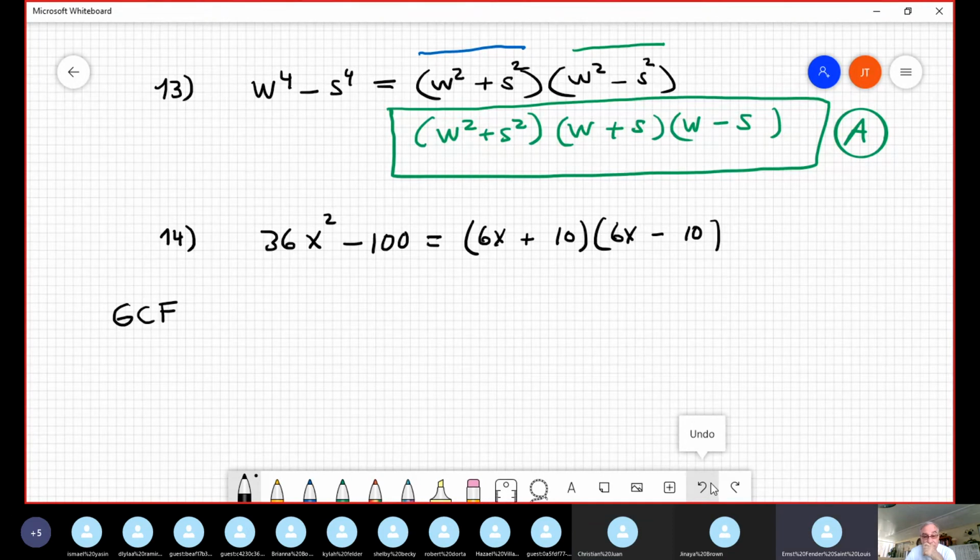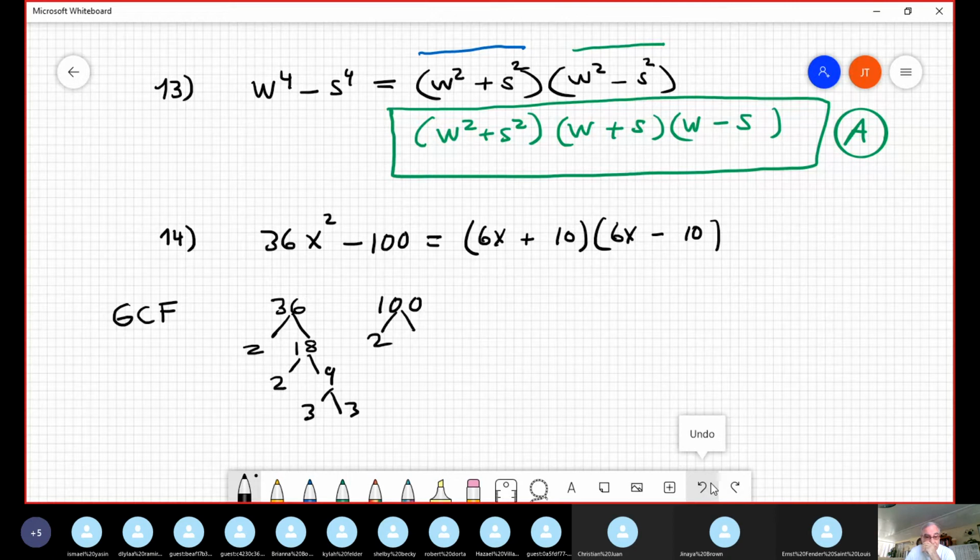The fantastic way to verify the GCF is to take both numbers and break them down with prime factorization. 36 is 2 times 18, 2 times 9, 3 times 3.